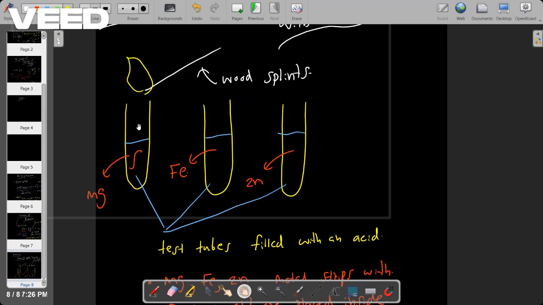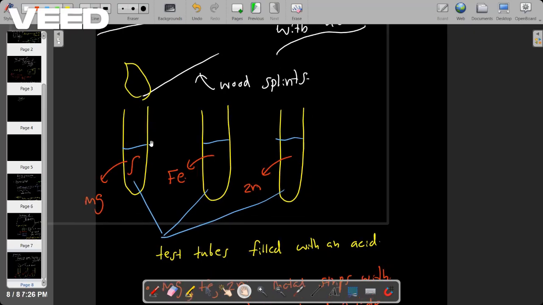Hydrogen. With an acid like HCl, what do you get? Hydrogen gas, right? We expect to have hydrogen gas.